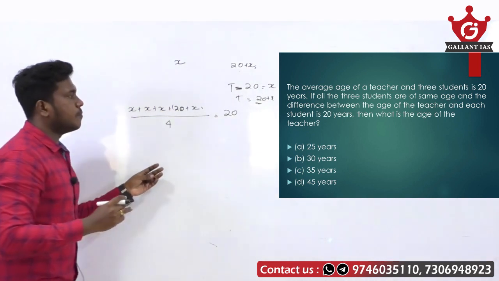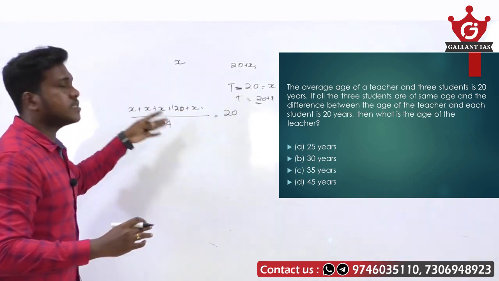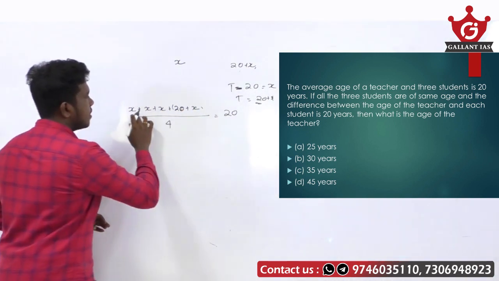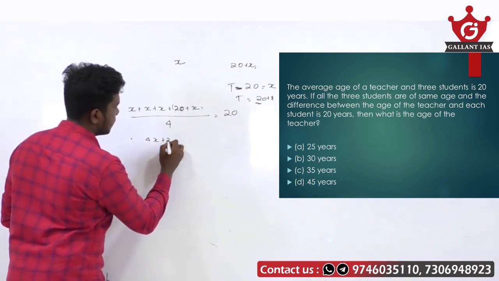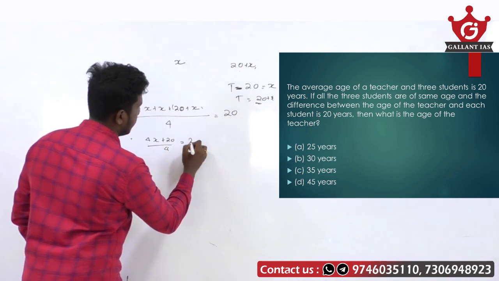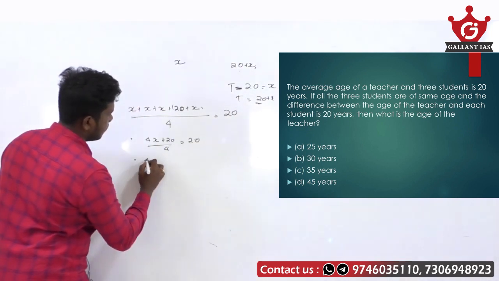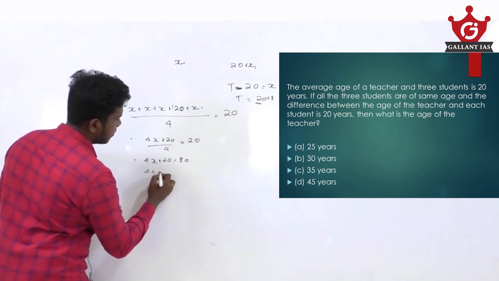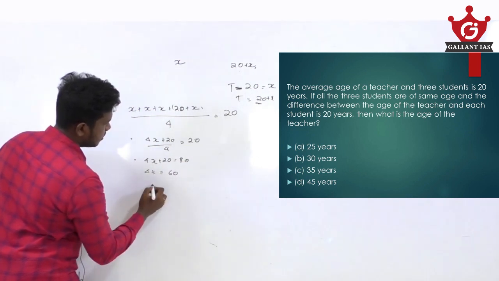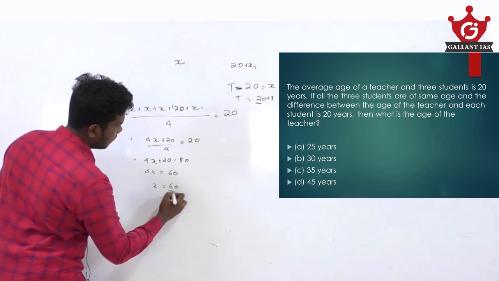So the average age of 4 persons is 20 years, including the teacher and 3 students. Now, how many X terms are there? 4 X terms, right? So (4X plus 20) by 4 is equal to 20. So 4X plus 20 is equal to 80. 4X is equal to 80 minus 20, that is 60. So X is equal to 60 by 4.